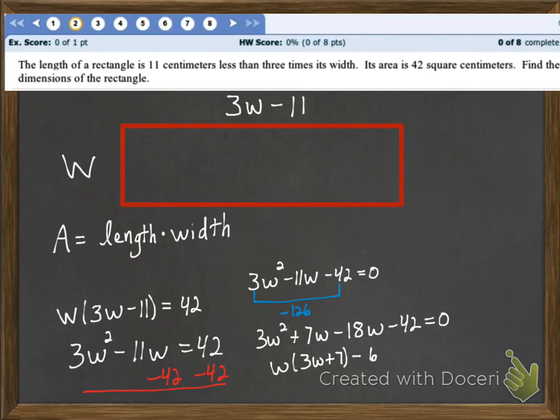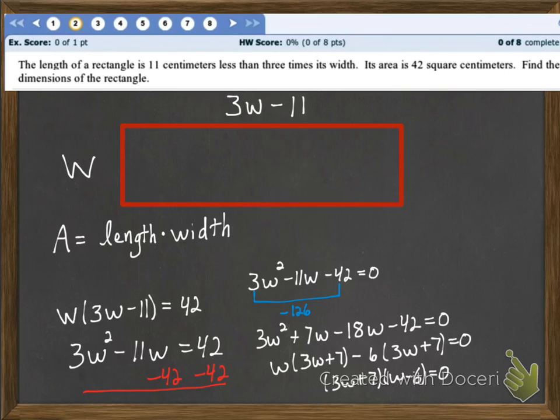It's actually a negative 6, so remember that's going to change the sign here and make that plus 7. We can then pull out the 3W plus 7. And now finally we've accomplished the task of factoring it.